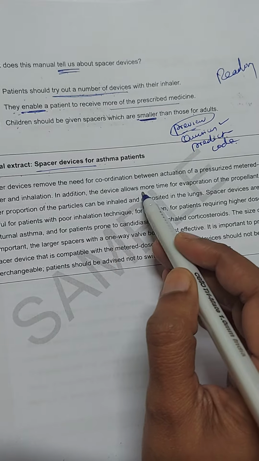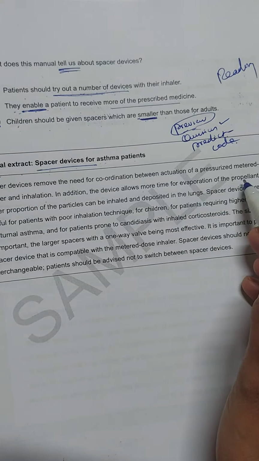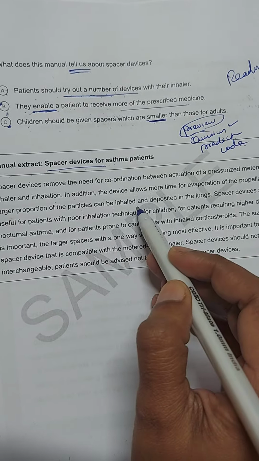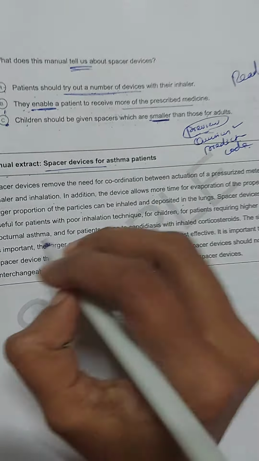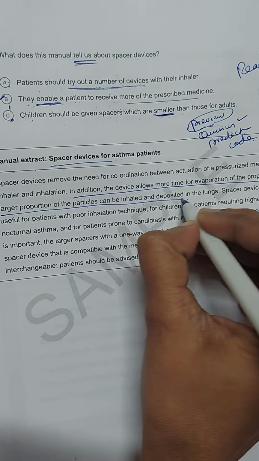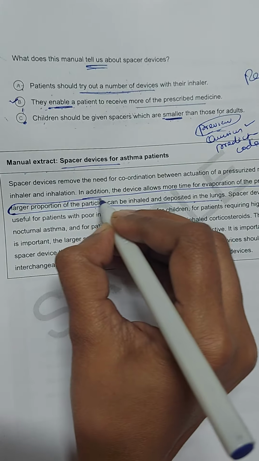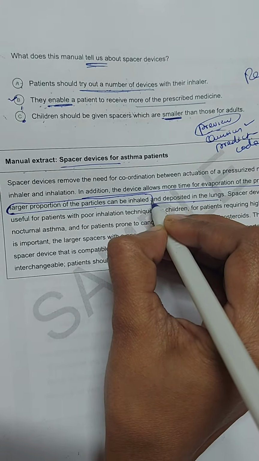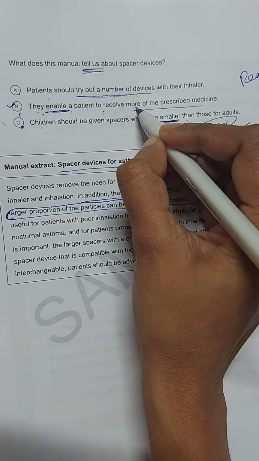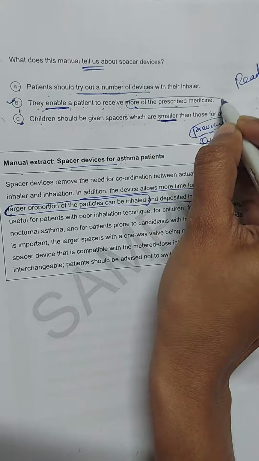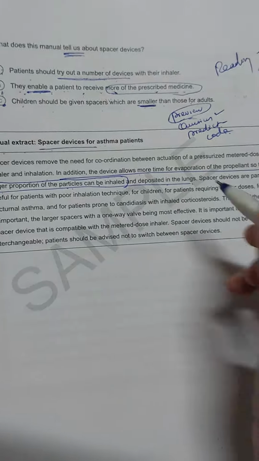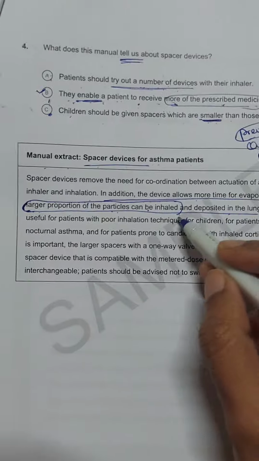In addition, the device allows more time for evaporation of the propellant, so that a larger proportion of the particles can be inhaled and deposited in lungs. So here this line, it states larger portion of the particles can be inhaled. So this is, they enable a patient to receive more of the prescribed medicine. More of the prescribed medicine is what given here, like larger portion of the particles can be inhaled. So option B is given.